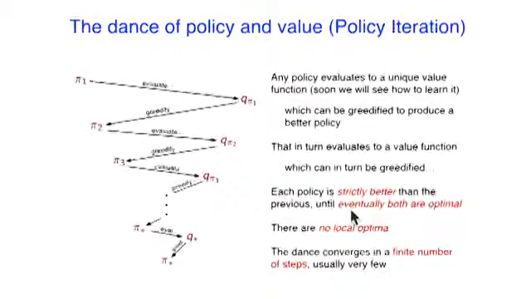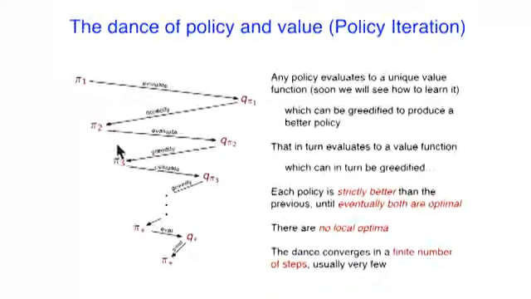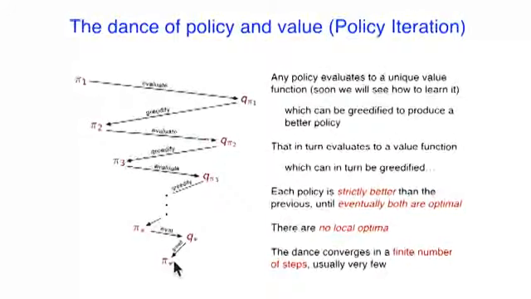But it's important that if you did have this case, that there are no local optima, you will find the optimal policy. Now, moreover, you usually converge in a finite number of steps. Well, no, there's a theorem that you converge in a finite number of steps, and you can actually see that yourself because each policy is either better than the one before it, or it's optimal. And there's only a finite number of policies. So as you go through here, eventually you have to hit the optimal one.